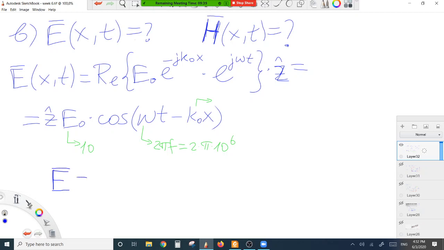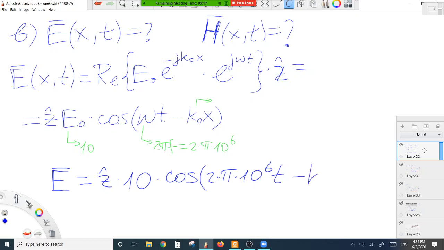Electric field intensity will be equal to z multiplied by 10 multiplied by cosine of 2 pi 10 to the 6 t minus k0 x volts per meter.